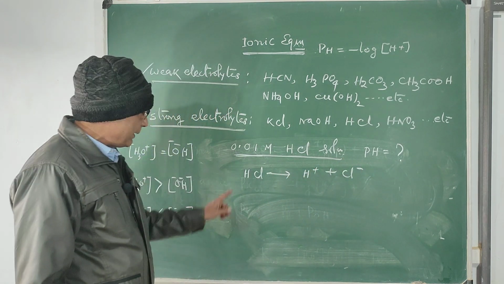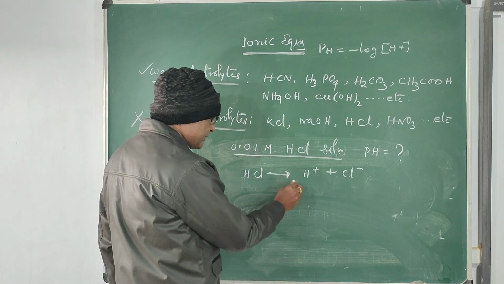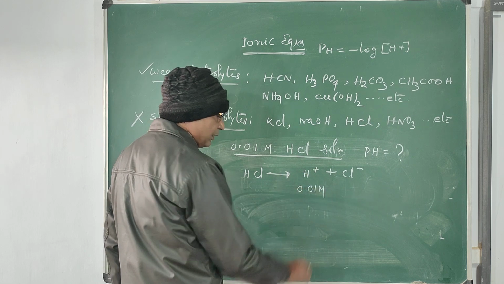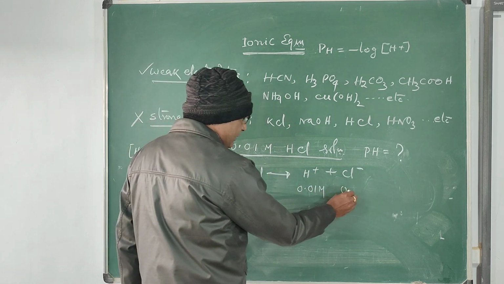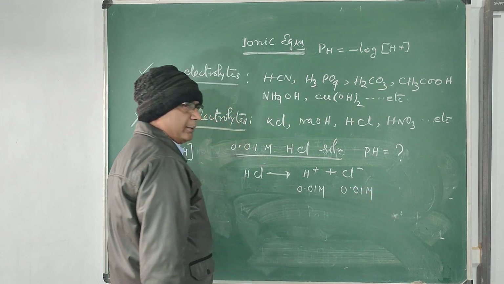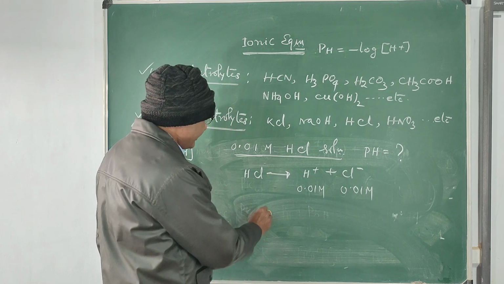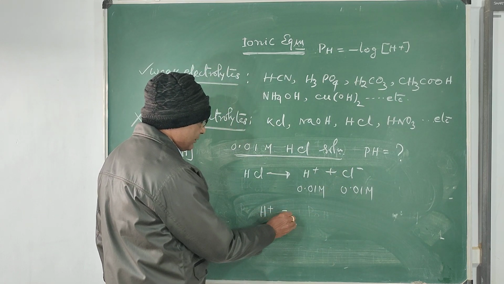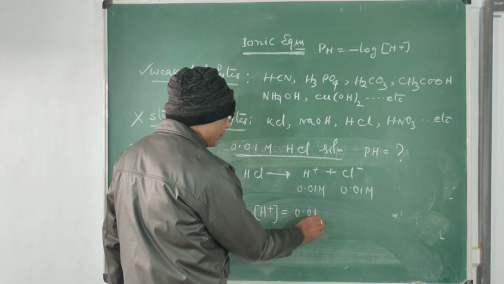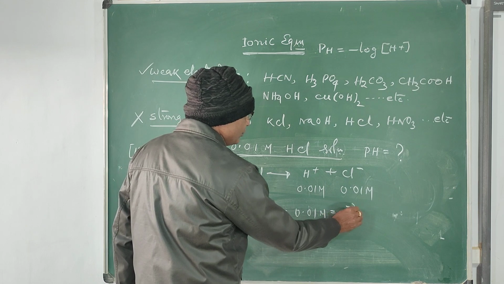You have taken 0.01 molar HCl, so after dissociation, the concentration of hydrogen ion will be 0.01 molar and the concentration of chloride ion will be 0.01 molar. But pH will depend upon hydrogen ion concentration. Therefore, hydrogen ion concentration equals 0.01 molar.